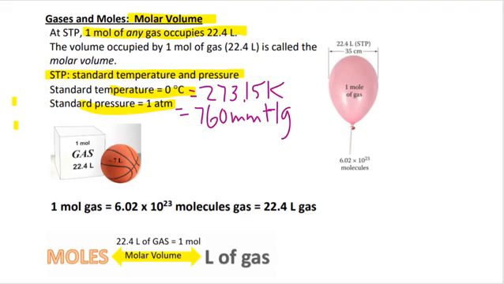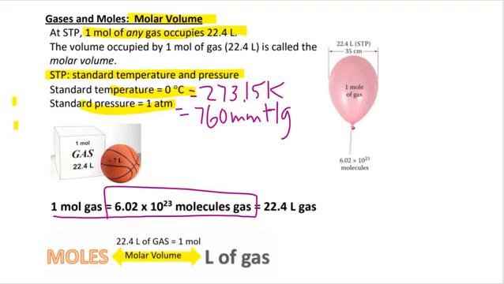That could be 1 mole of hydrogen gas, 1 mole of helium gas, 1 mole of oxygen gas, 1 mole of carbon dioxide gas. 1 mole of any gas occupies 22.4 liters. Now, 1 mole of any gas is also equal to 6.02 times 10 to the 23rd molecules of gas.